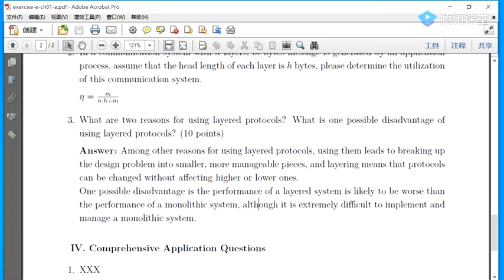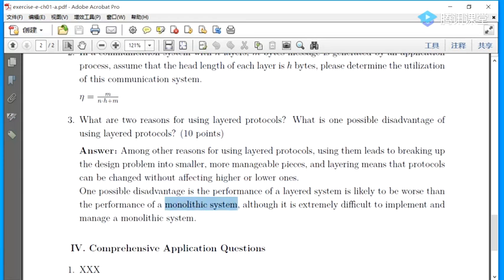So, a layered system should make implementation easier, breaking up the design problem into smaller, more manageable pieces, and it is without affecting higher and lower ones when protocols are changed or updated.